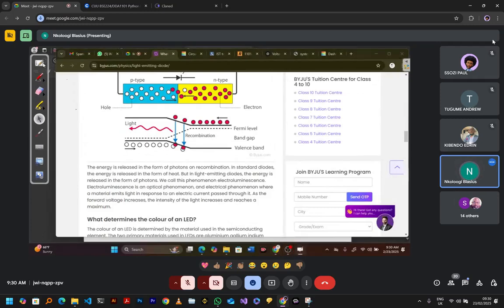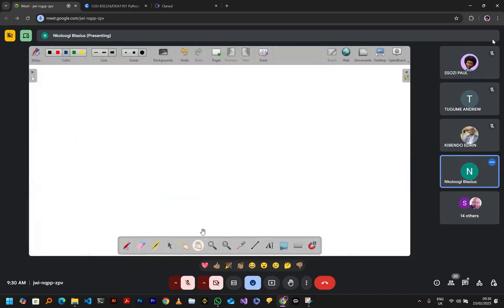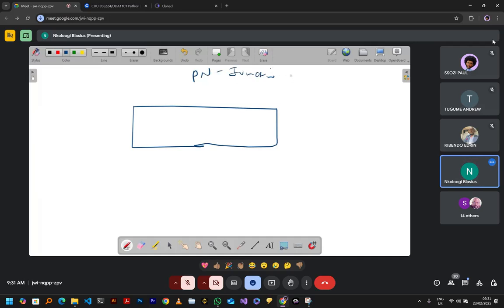Okay, let me try to get this board here. So a diode itself, maybe you guys who might have studied some physics, you could have read through what is called a PN junction, forward biasing.